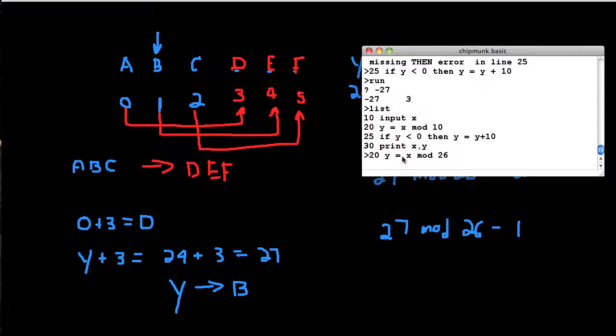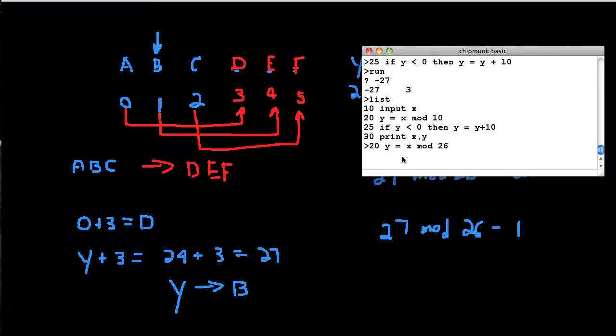And I'm going to still keep that 25 the way it is, except I now need to write 25 if y is less than 0, then y equals y plus 26.